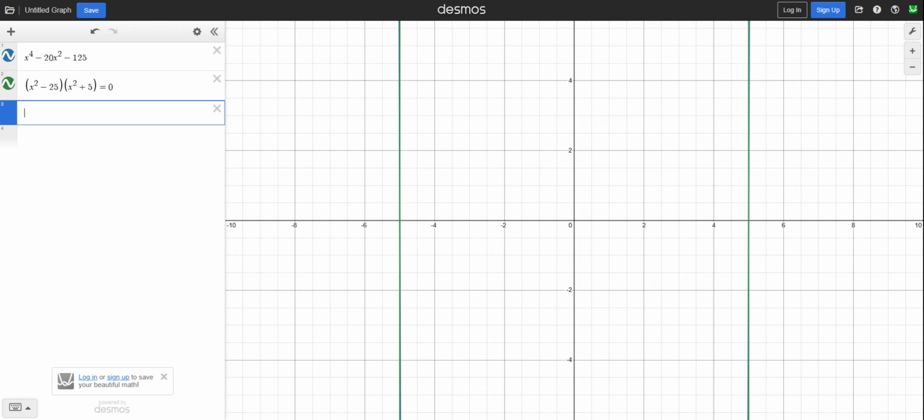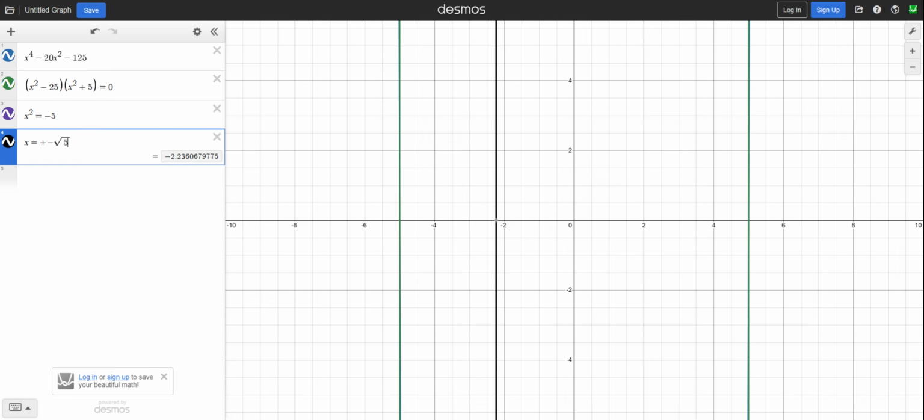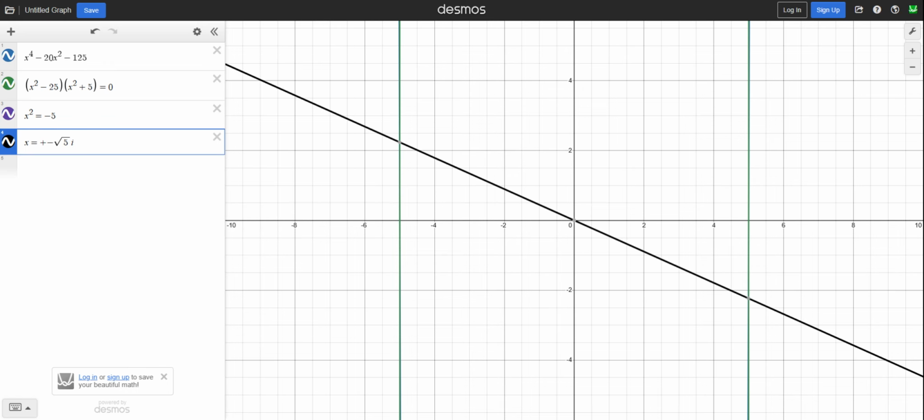what you're going to get is x squared equals negative 5. And then you're going to take the square root. So you're going to get x equals plus minus square root of 5. And then not only that, you're going to get on the outside of that an i.